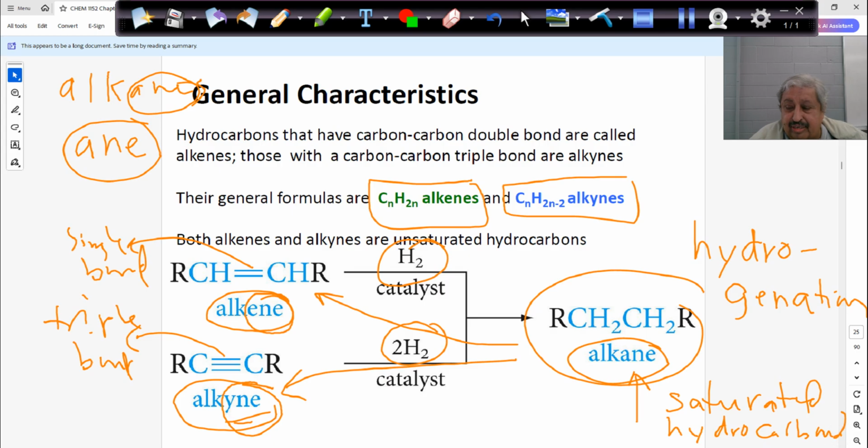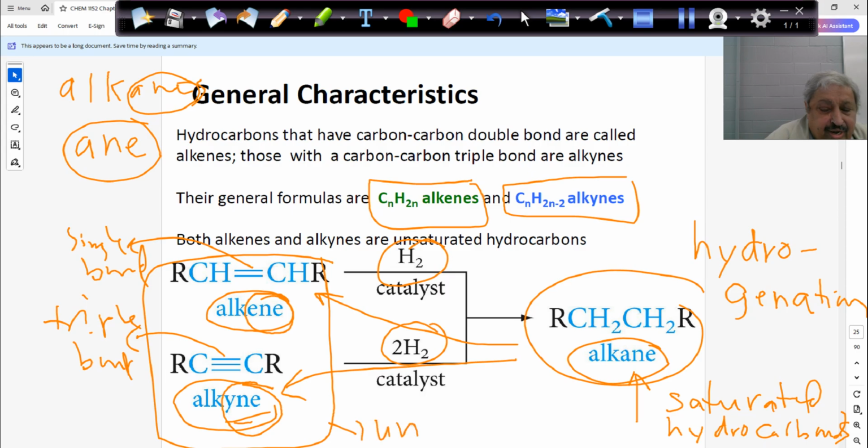Saturated means full. The carbon is full in its bonding. Correct? However, those two here, alkenes and alkynes, are unsaturated. Why? Because we can add to them. So here you cannot add. No addition.